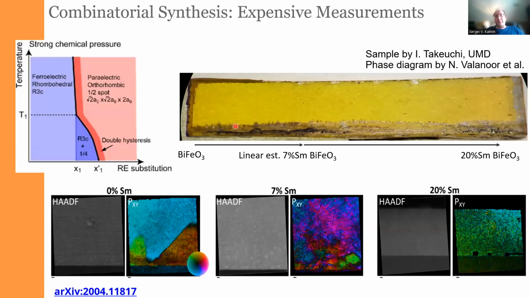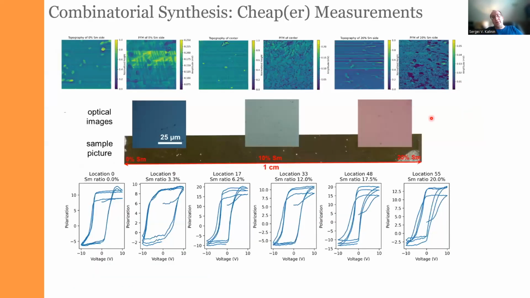However, electron microscopy is a very expensive method, and using this combi library in order to pick the samples for BioFIB and then doing electron microscopy is about 2 weeks of work per each location. At the same time, I can take exactly the same combinatorial library, bring it to the lab with the AFM, and use the AFM to take the images of surface topography or the surface piezo response signal.